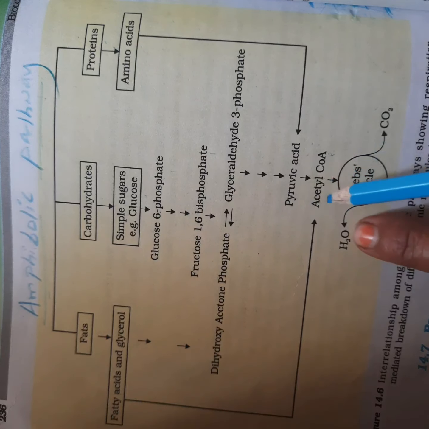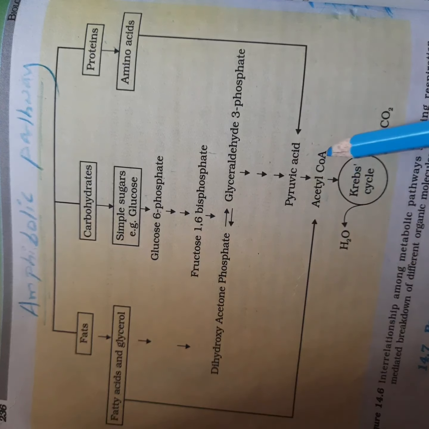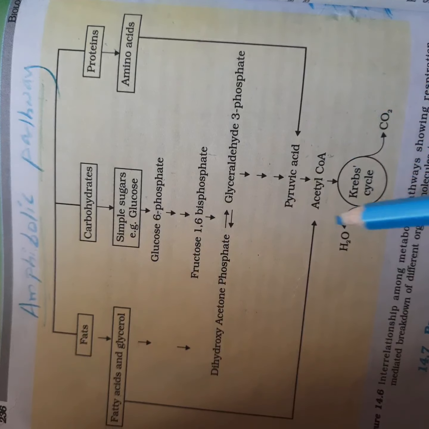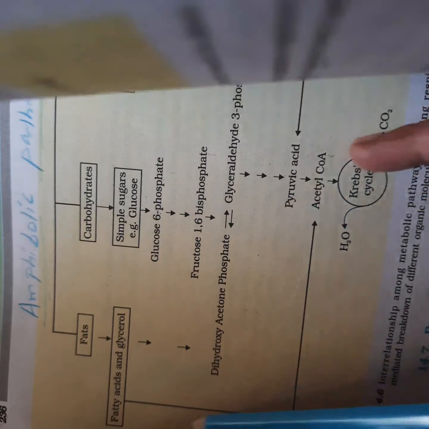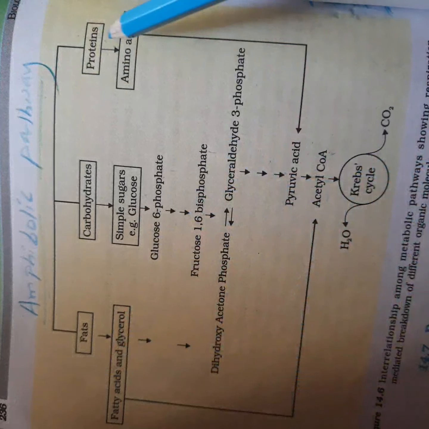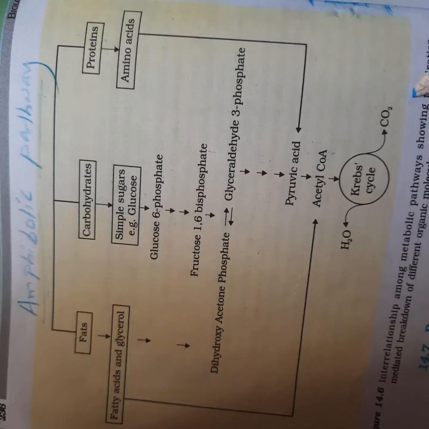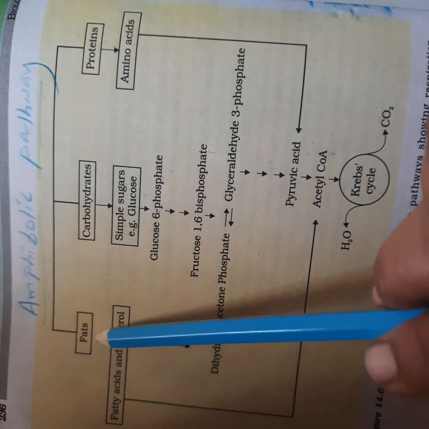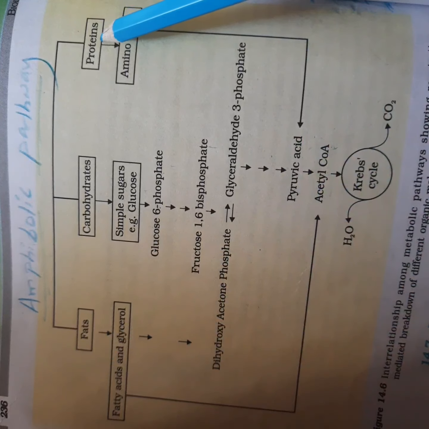In that condition, acetyl coenzyme A is withdrawn from the respiratory pathway. Then this pyruvic acid starts to synthesize fats as well as proteins instead of continuing the breakdown. The acetyl coenzyme A starts to synthesize fats and proteins.